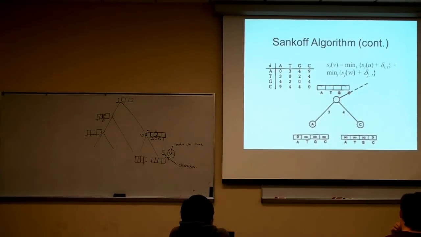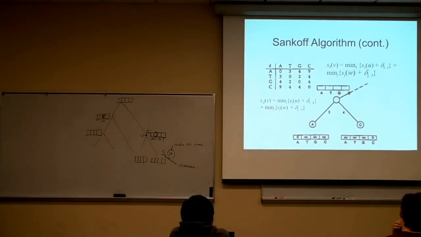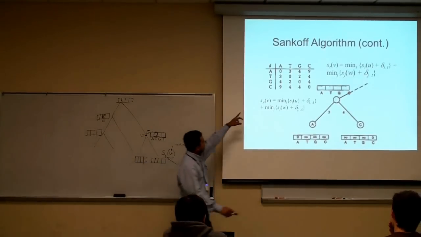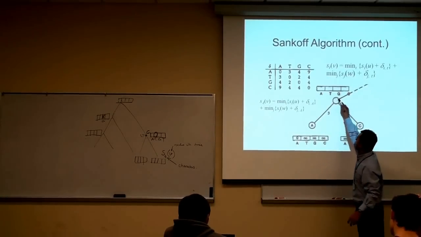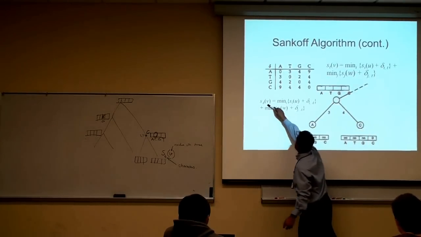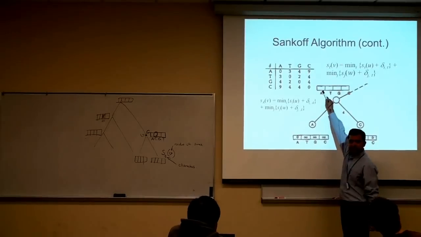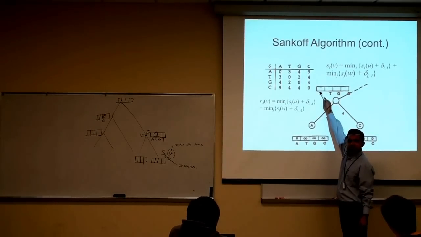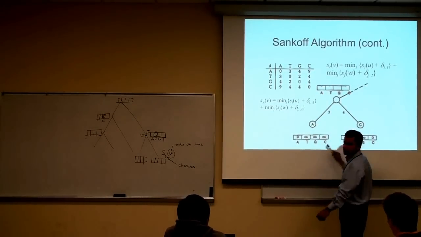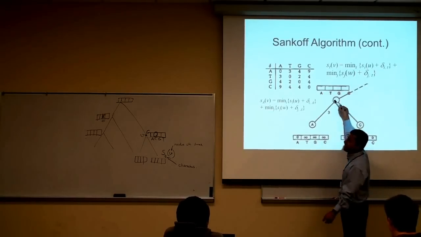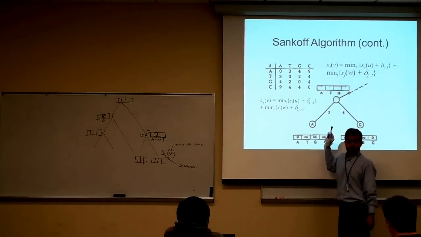If you want to put, so this is our V. S of A, V is the number we'll put in here. By definition, it's the best score for this subtree if you put an A here. Well, that's easy to calculate.